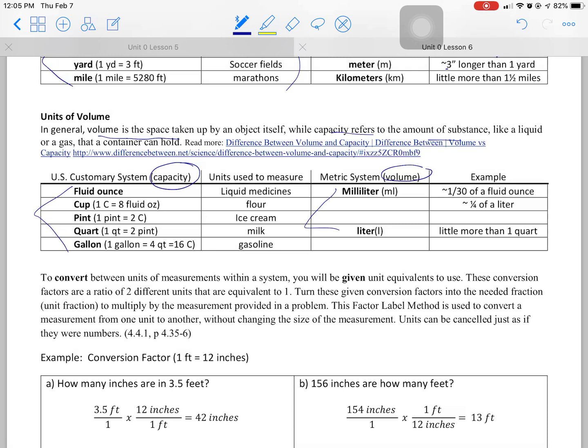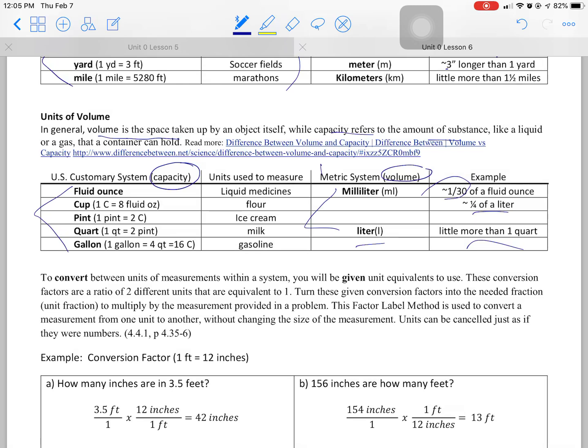A milliliter is about 1/30th of an ounce. A liter is a little more than a quart. So a liter is less than a gallon, okay? And when people market their products internationally, they tend to default to the metric system on their labels.